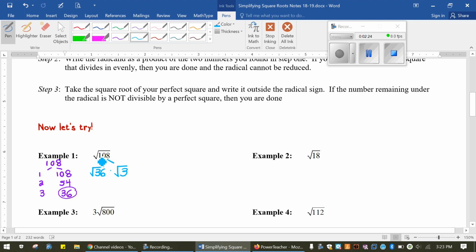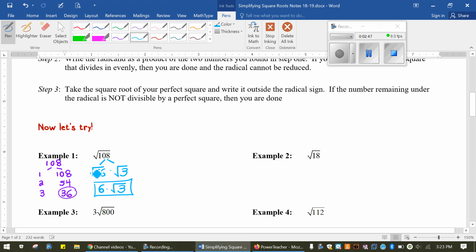So we broke down the square root of 108 to be the square root of 36 times the square root of 3. Square root of 36 is a perfect square. That's 6 square root 3. So we have simplified the square root of 108 to be 6 times the square root of 3. So step 3 here says take the square root of your perfect square.